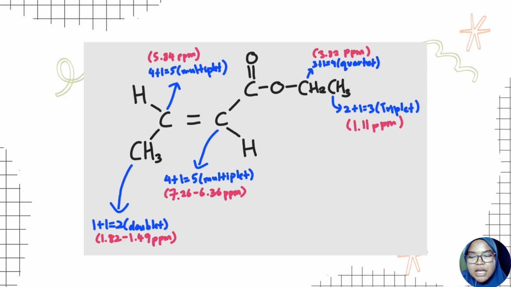At 3.82 ppm chemical shift, the CH2 was paired with 3H protons and it has a higher chemical shift because it was near electronegative atoms. At 1.11 ppm, the CH3 was paired with 2H and it was clearly far from any electronegative atom.